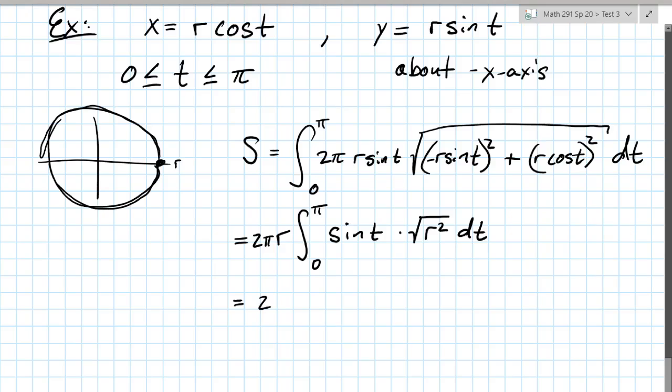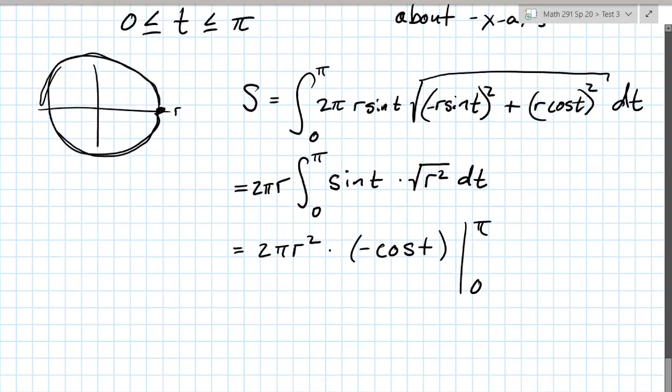So now we have 2 pi r squared. The integral of sine t dt is negative cosine t, and we're integrating from 0 to pi.